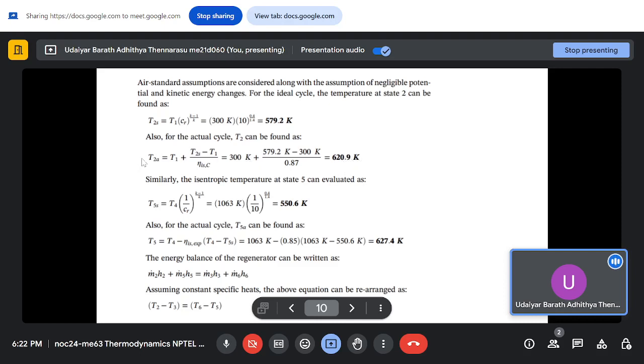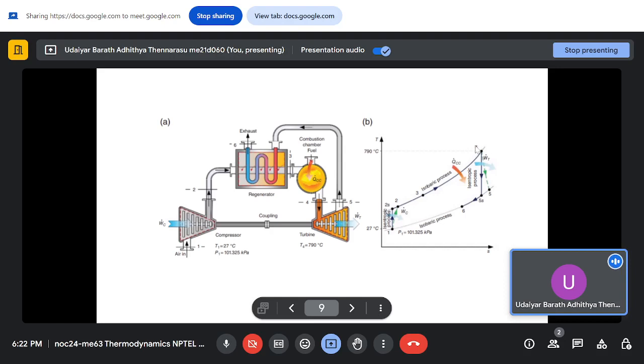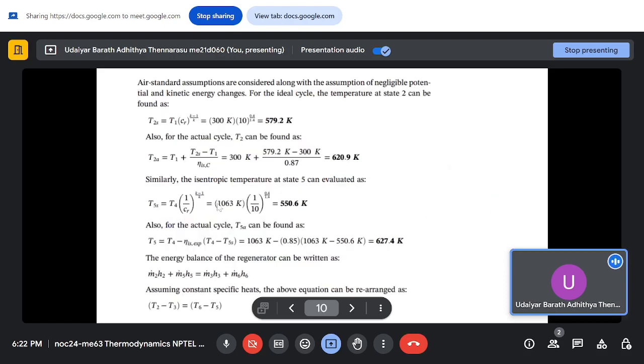Now next we find out the turbine exit temperature at 5s. Same isentropic process case. We know the inlet to the turbine, which is 790 plus 273 Kelvin. You substitute that and you know the pressure ratio, so you can find out your temperature at the exit, the isentropic temperature. So it will be 550.6 Kelvin.